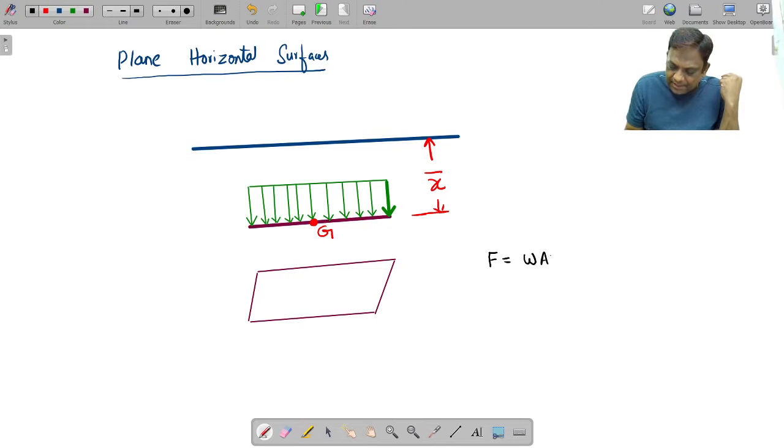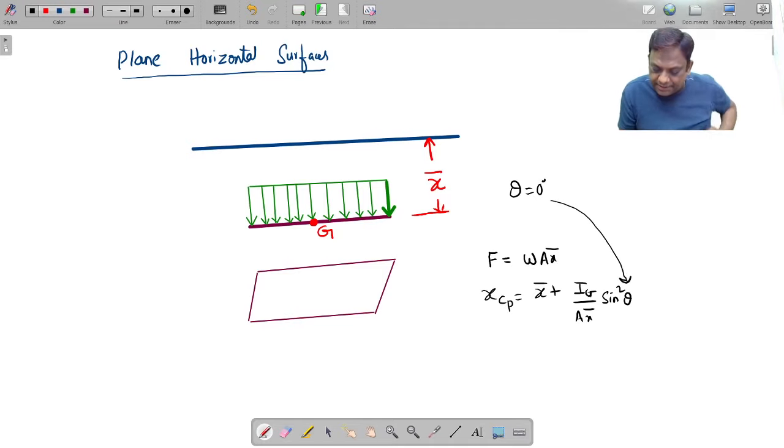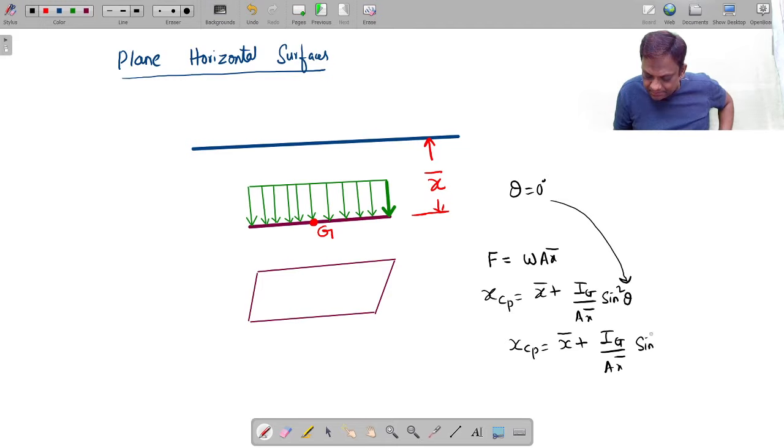F is rho g A x bar and XCP is equal to x bar plus IG by A x bar into sin square theta. Put theta equal to 0 degree. Sin 0 is 0, and 0 into something is 0. So XCP is equal to x bar.